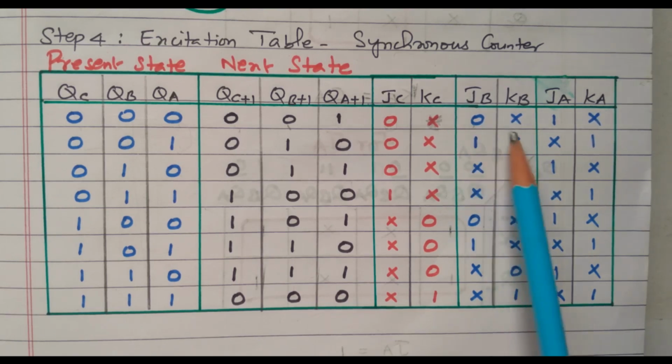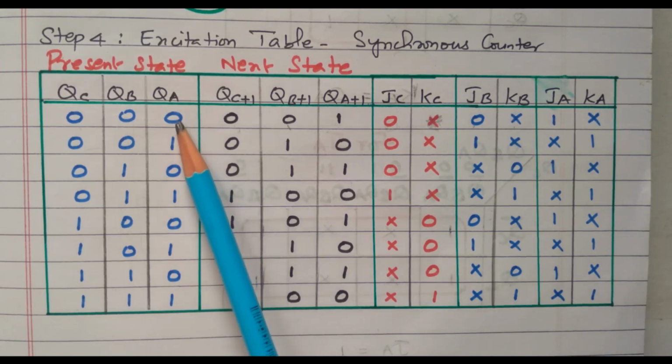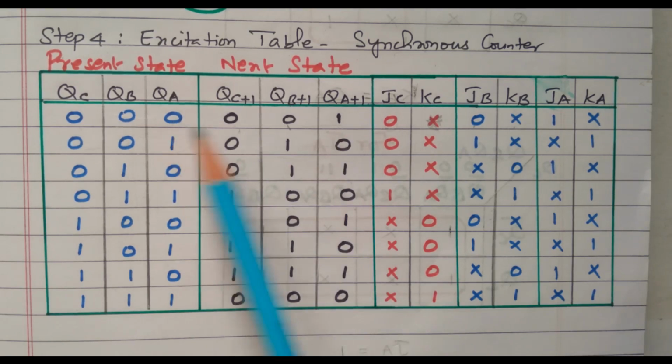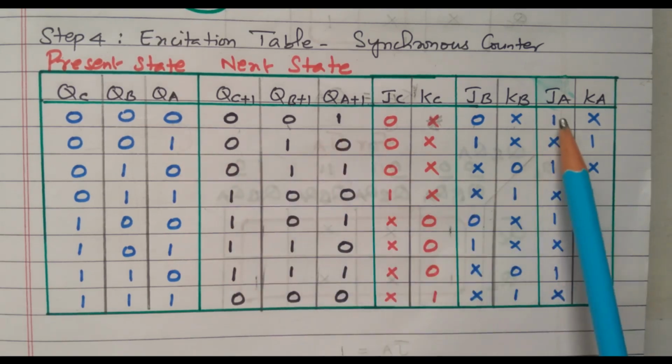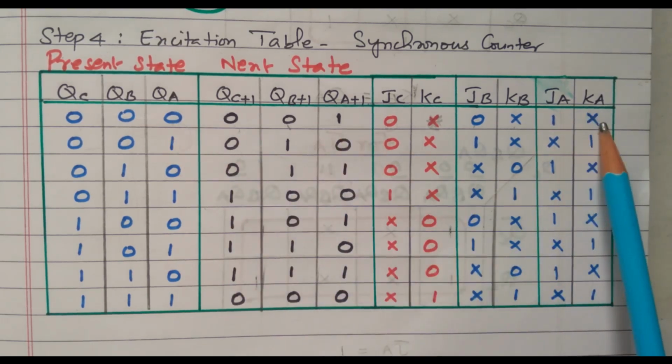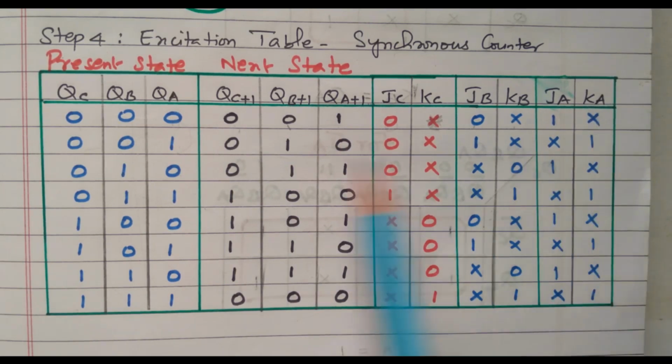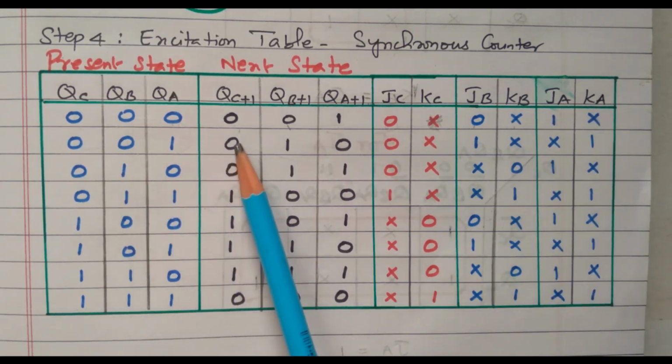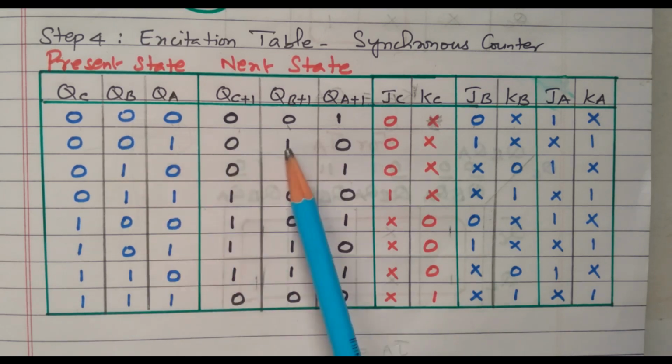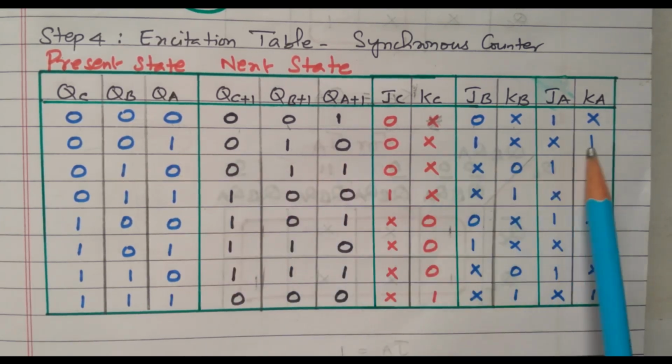The J is 0, K may be 0 or 1, that is indicated by X. The third, 0 and 1: current state is 0, next state is 1, changed from 0 to 1, so what is the input needed? J is 1, K may be 0 or 1, X, right. Similarly, next 0 to 0, same thing, 0x. 0 to 1, what we need? 1x. Then 1 to 0, x1, right.